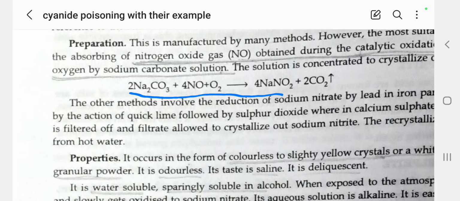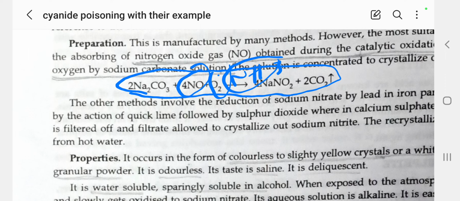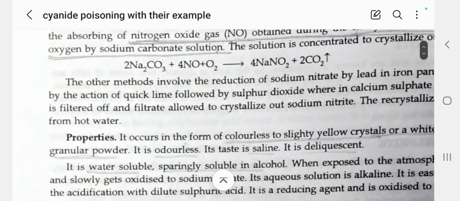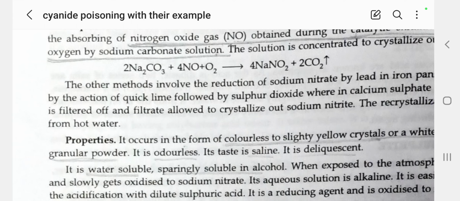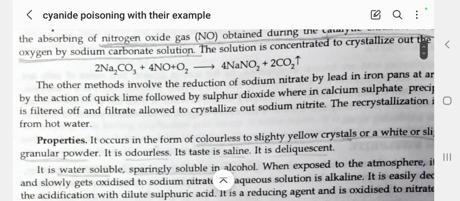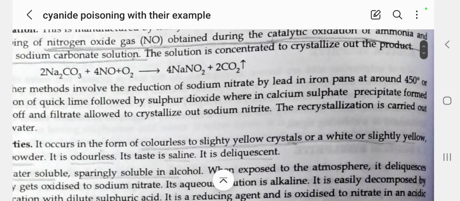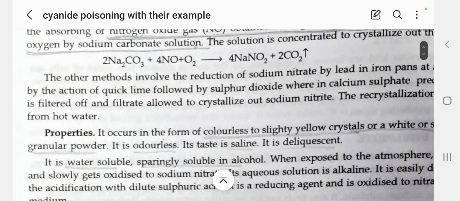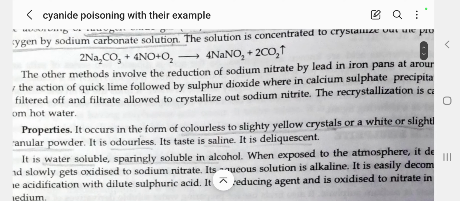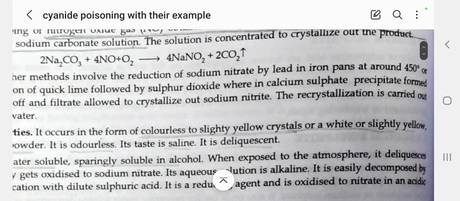So what is the preparation of sodium nitrite? When sodium carbonate is treated with nitrogen oxide from the catalytic oxidation of ammonia and oxygen, sodium nitrite is formed with removal of carbon dioxide. The other methods involve the reduction of sodium nitrate to sodium nitrite by lead in an iron pan at around 450 degrees Celsius, or by the action of quicklime, calcium oxide, followed by sulfur dioxide, wherein calcium sulphate precipitate is formed.